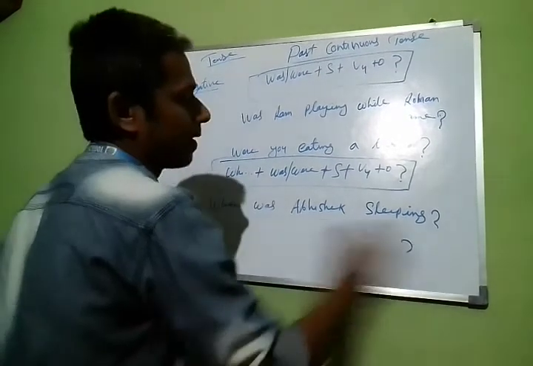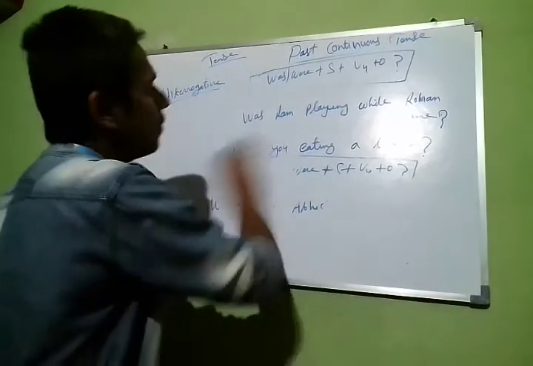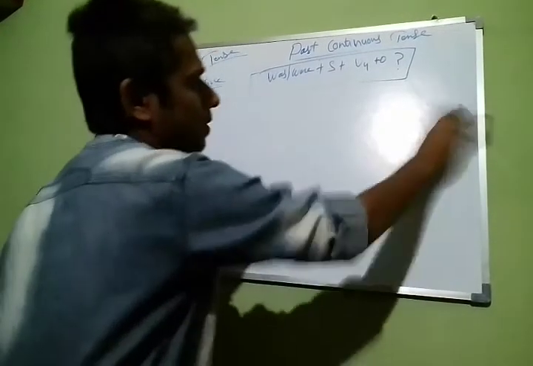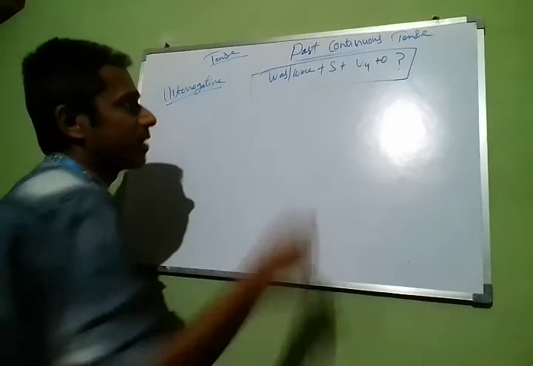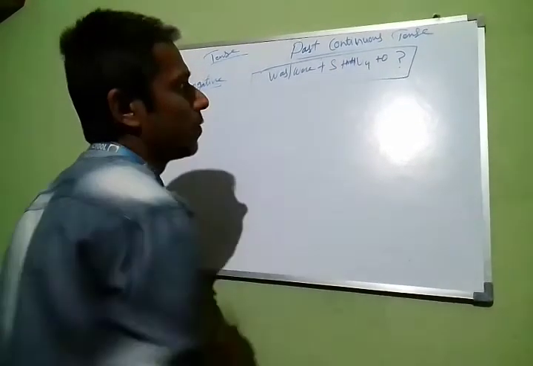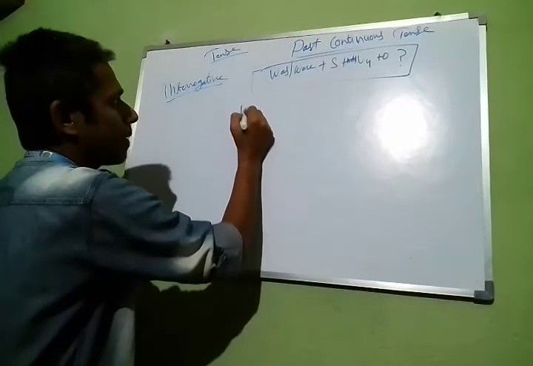Next, interrogative negative, and structure would be was/were plus subject plus not plus V4.